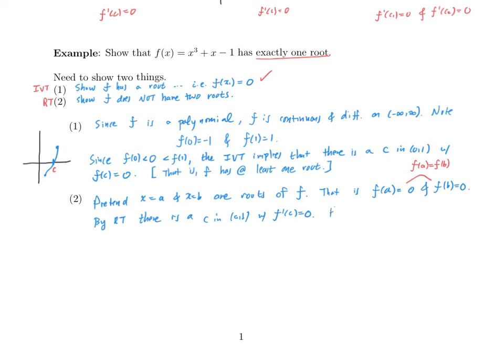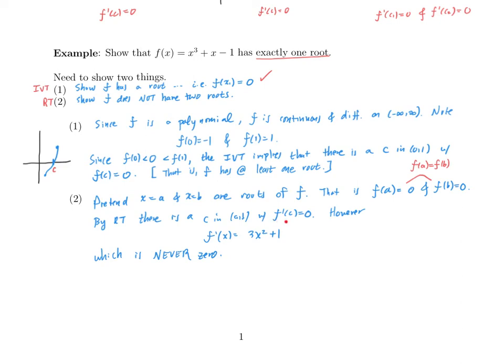This is an issue, though, because if we were to differentiate our polynomial, we would have 3x squared plus 1. And can the quadratic 3x squared plus 1 ever be equal to 0? And the answer is no. So this is never 0.